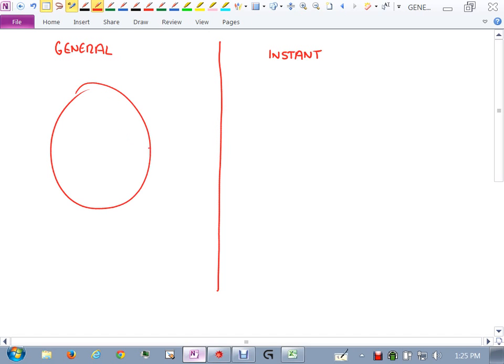So I like to always start these out with 2 pictures, right? I have a picture of the general situation when things are changing, and then I have another picture of exactly the moment in time we're talking about. It doesn't matter which one you put on the left or right. So in general, I have a sphere.